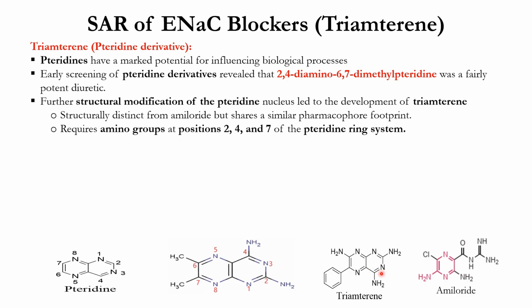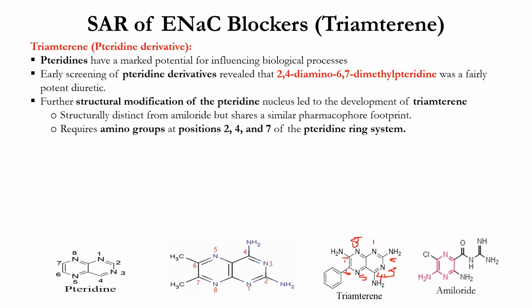When you come to triamterene, it requires amino groups at positions 2, 4, and 7 of the pteridine ring system. Numbering starts from here: this nitrogen is 1, this is 2, this is 3, this is 4, then this is 5, this is 6, this is 7, and this is 8.